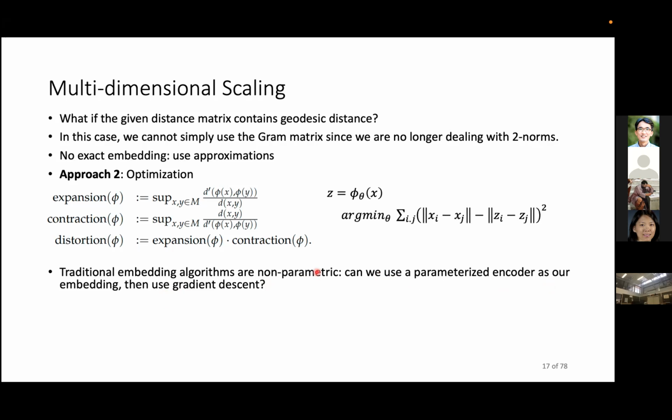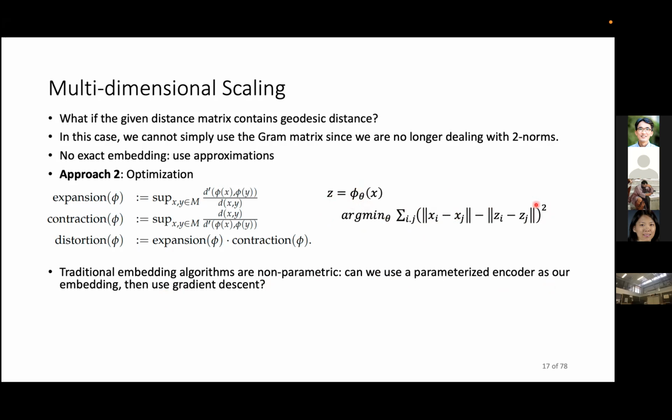So for example, here we can look at this loss function. We say Z is our embedding, the latent vectors we get from the encoder, and we minimize the sum of the squared differences between the original data points and their embeddings.